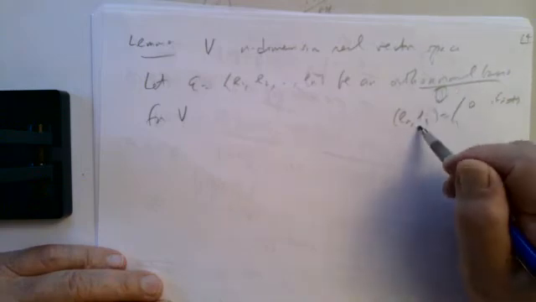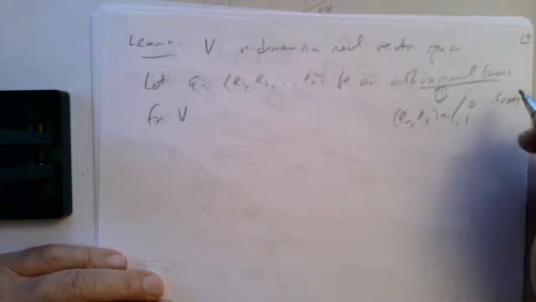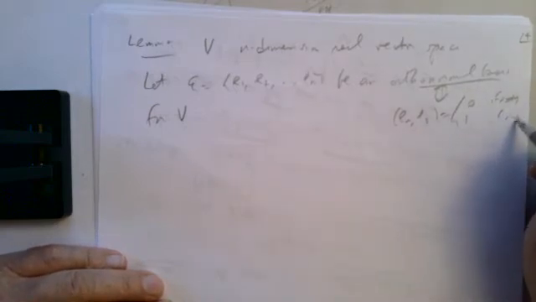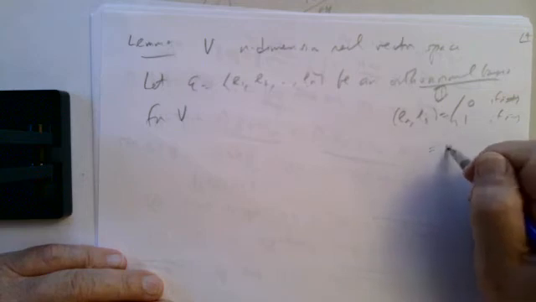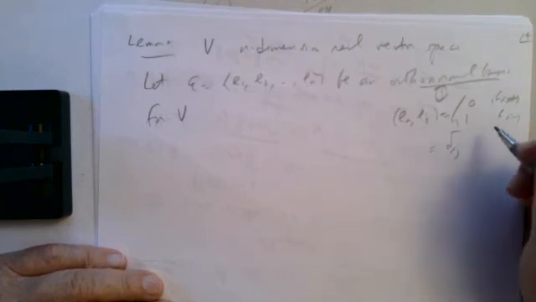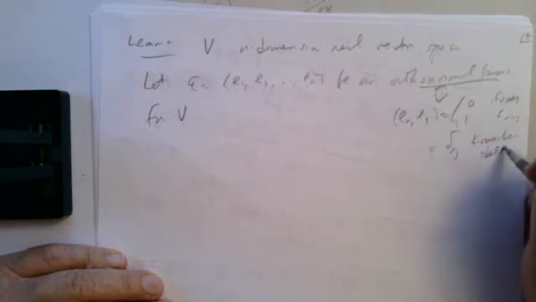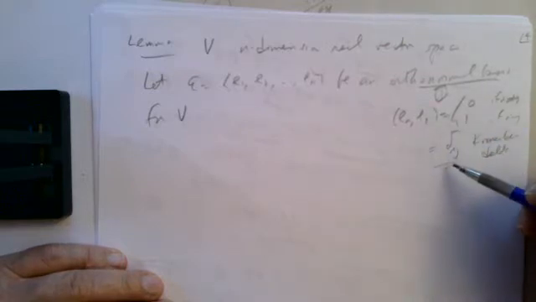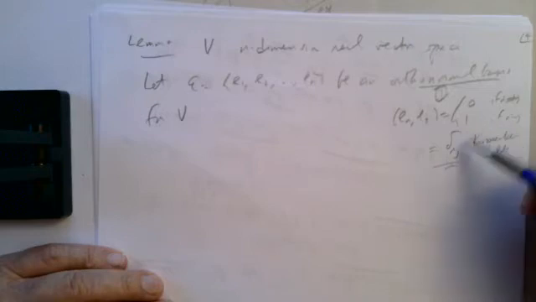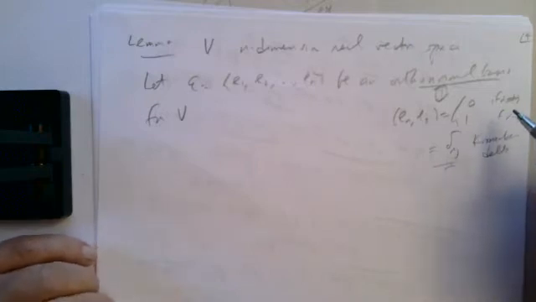But if it's orthonormal, every one of these vectors has length 1, so it's 1 if i equals j, which is exactly this function I've called delta ij, the Kronecker delta. This function is defined to be 1 if i equals j and 0 otherwise.